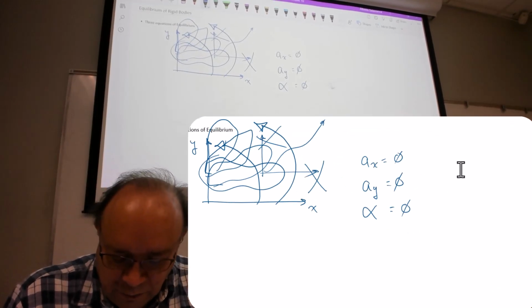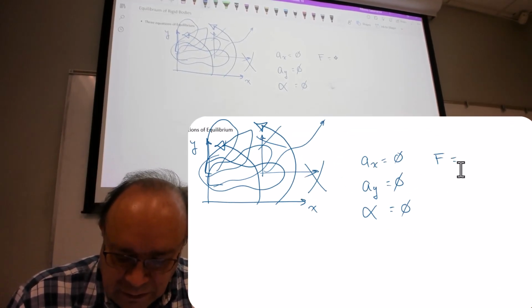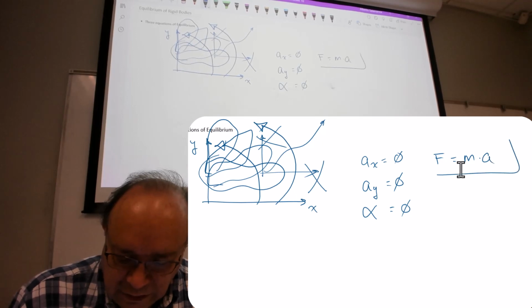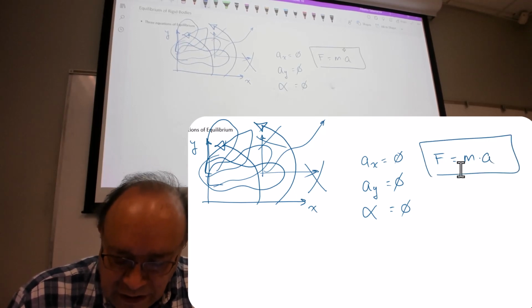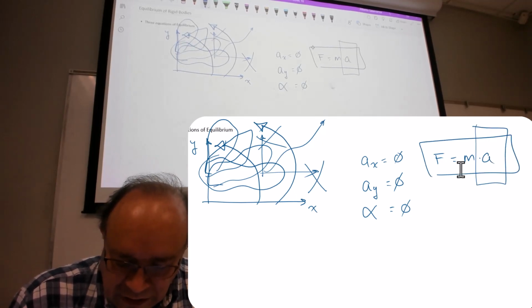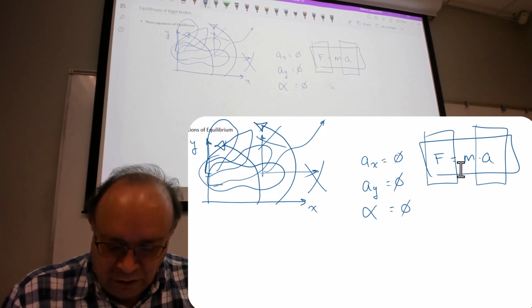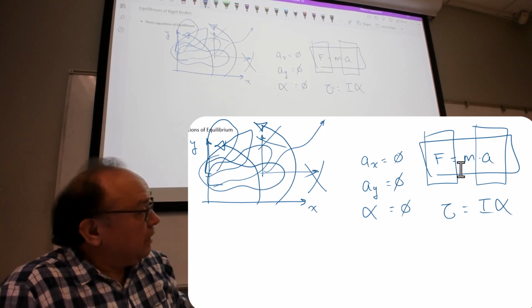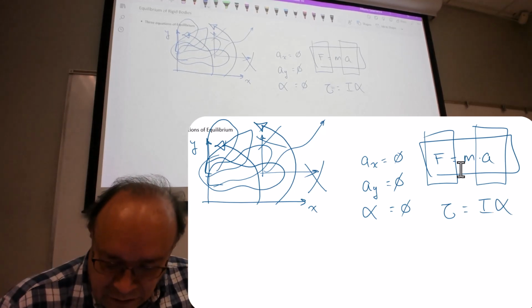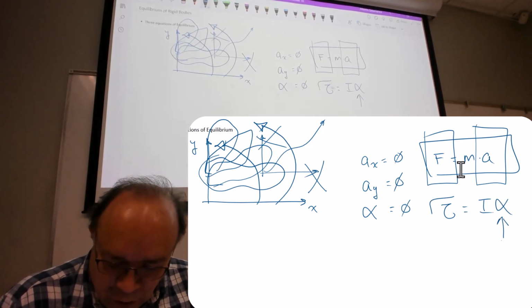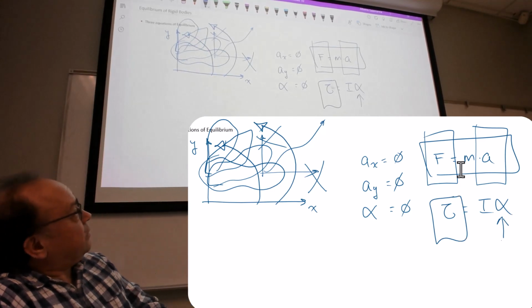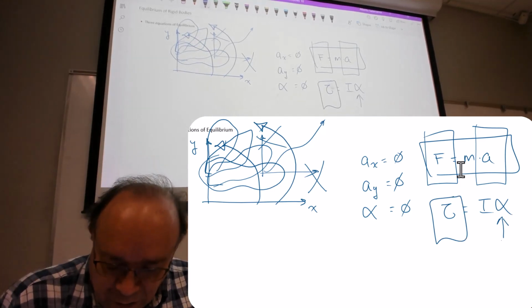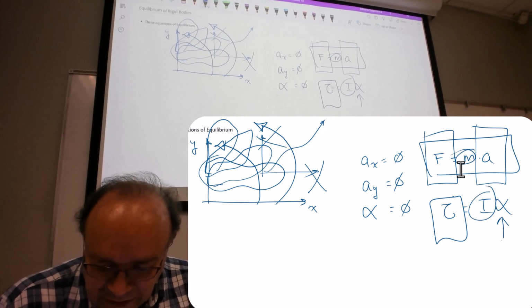This comes from F equals mass times acceleration, right? So if this acceleration is 0, it's because the force is 0, or in the rotational case, if this acceleration is 0, it's because the moment is 0, right? Because m is never 0 and I is never 0.